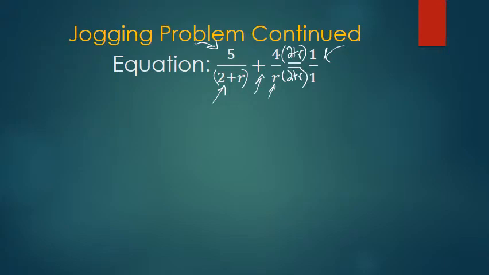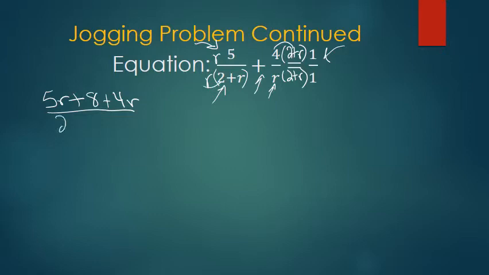On the right-hand side, it still needs an r, so I'm going to multiply top and bottom by r. And now I'm ready to figure out each numerator. So r times 5, I'm going to write as 5r, plus 4 times 2, which is 8. So I'm now distributing these, plus 4r, all over the denominator, which I need to distribute the r.